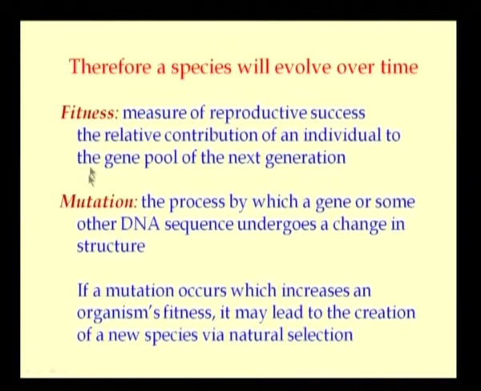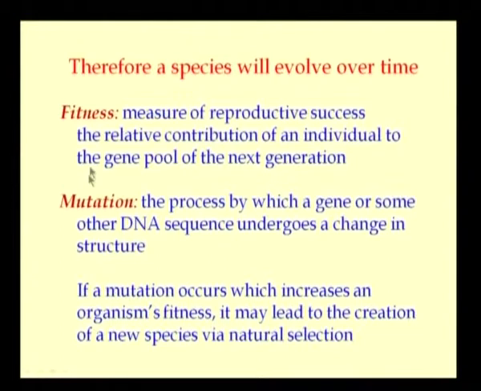So, all those that have the desired genes will actually reproduce better, and the other species which do not have the specific requirement of the genes will slowly get wiped off. Therefore, a species will evolve over time.